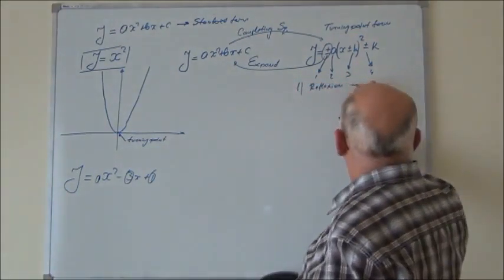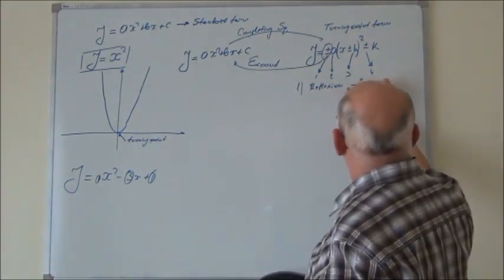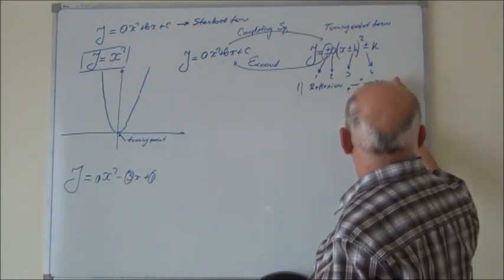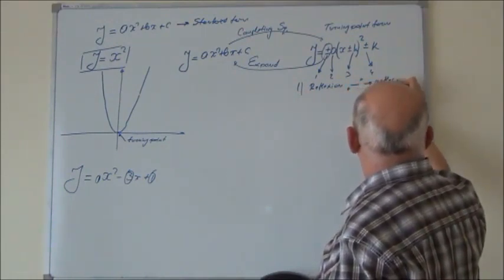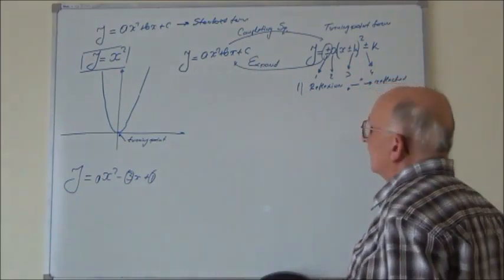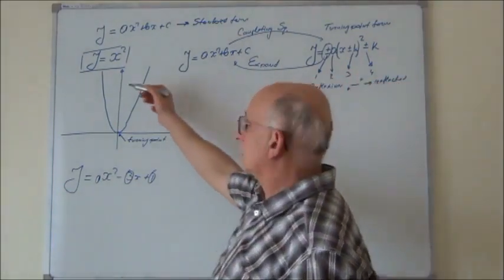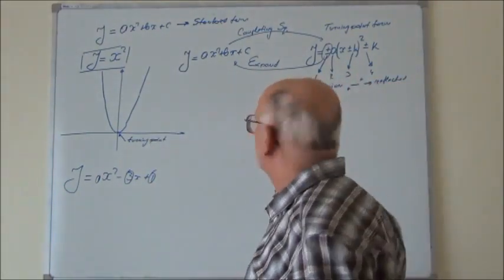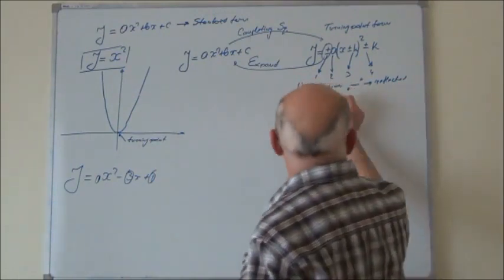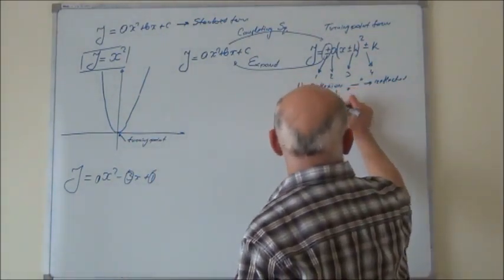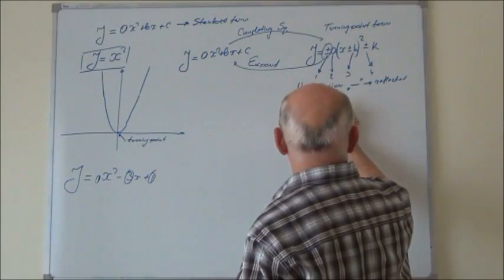So if we have minus, then our graph is reflected. But if it's plus, then our graph is like this. So what does reflected graph mean? I will sketch a small graph here.